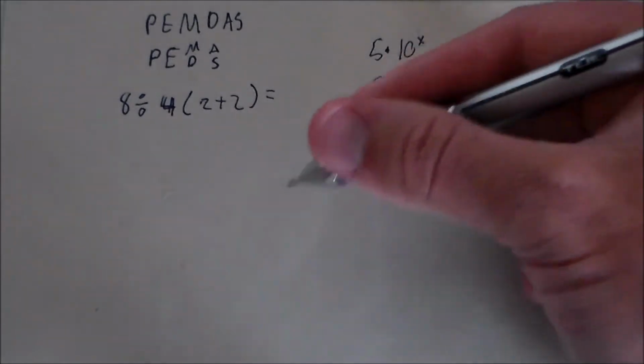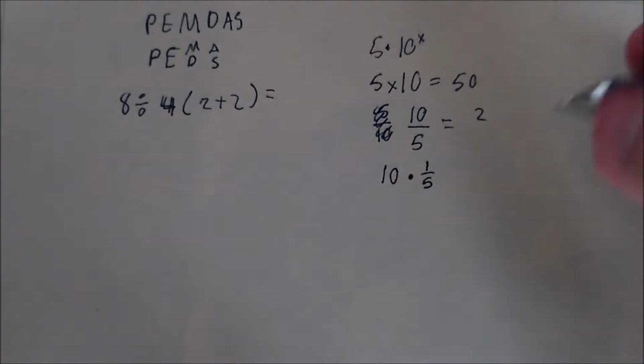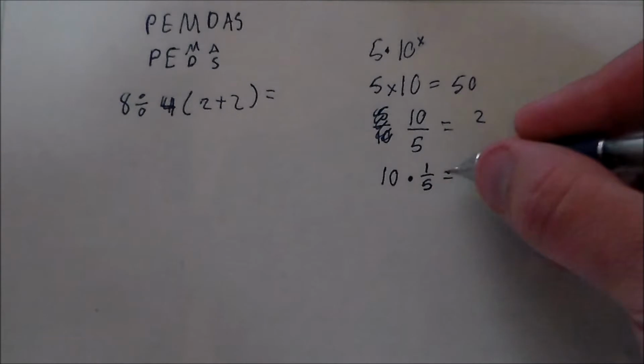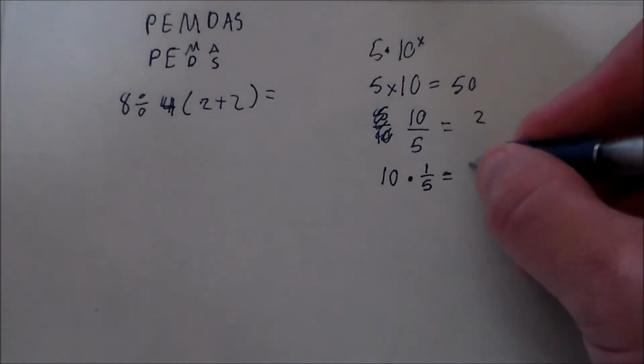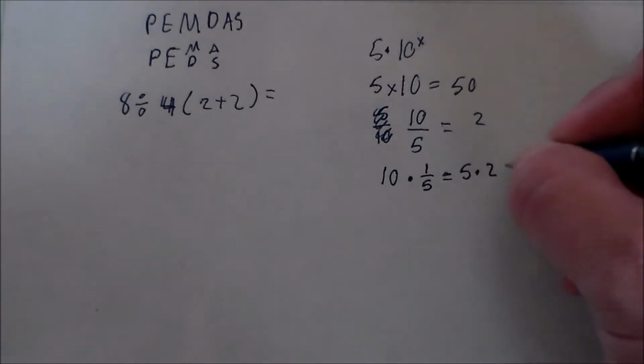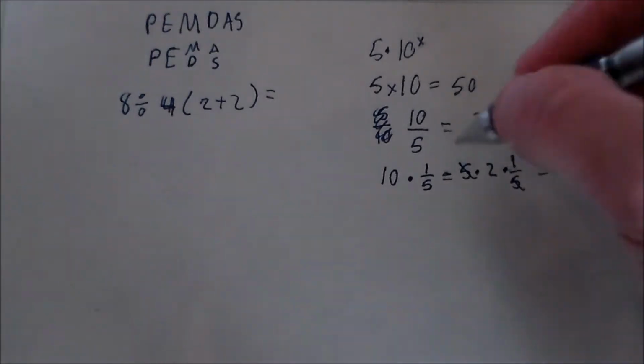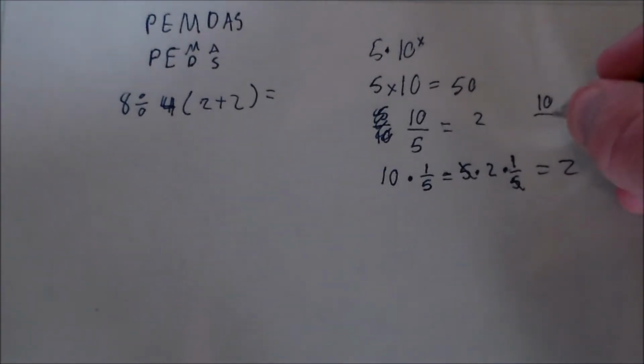You can go backwards on your math and make some of these easier. This is what Common Core forces you to learn. You don't actually need to know this, but it's a good method to know, I think. You can say that 10 is equal to 5 times 2 times your original 1 over 5, and now you can see these 5's cancel. You get 2. So 10 over 5 is equal to 10 times 1/5. Those are the same.